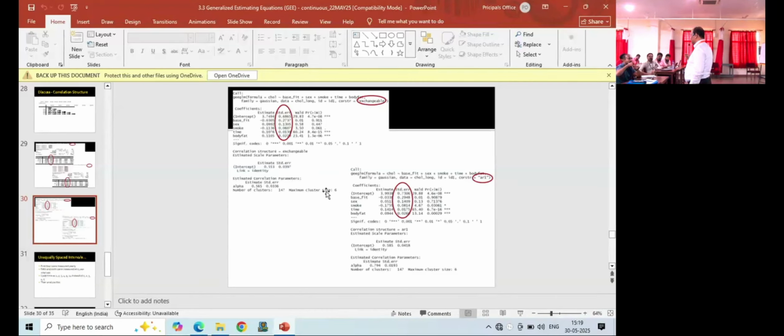Twisk, T-W-I-S-K. I don't know his full name. So it's an easy to read book. You can use it. And you can do the paired t-test analysis using GEE analysis. We can do that too.